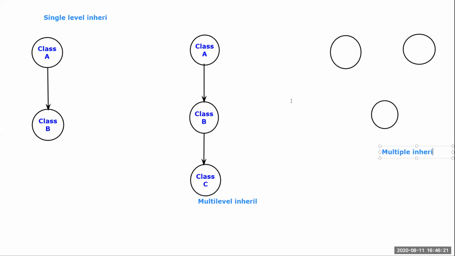What is multiple inheritance? So simple. We connected A and B, then C, right? Here you can connect two or more classes to C without linking them.